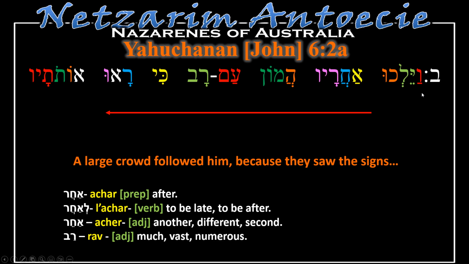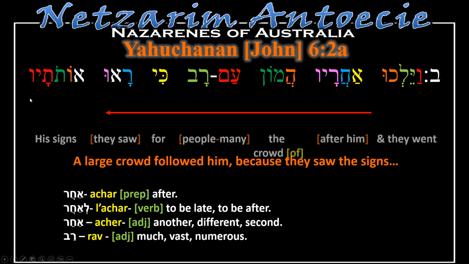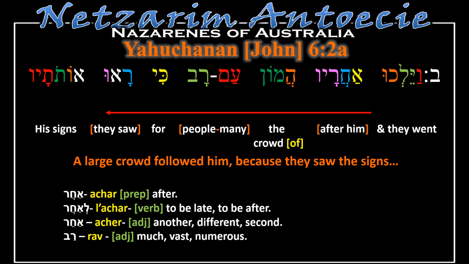Right, and then we read it. Vayelku acharev hamon rav ki ra'u ototaiv. And they went after him, the crowd of people many, for they saw his signs.